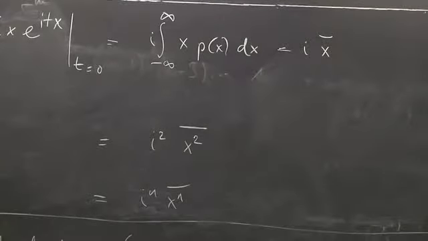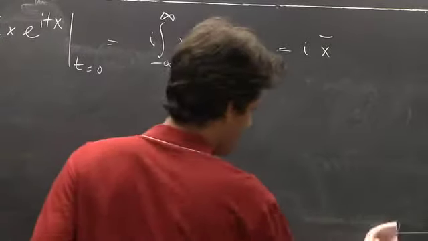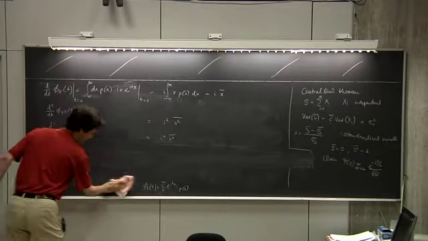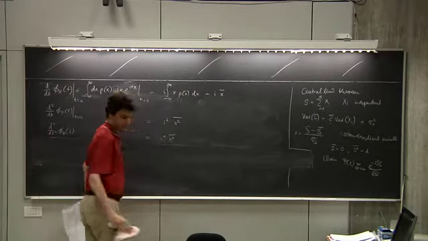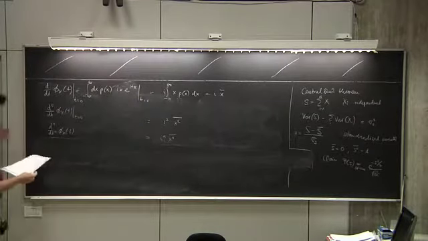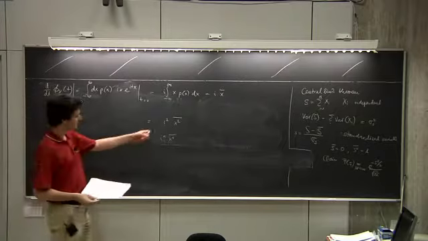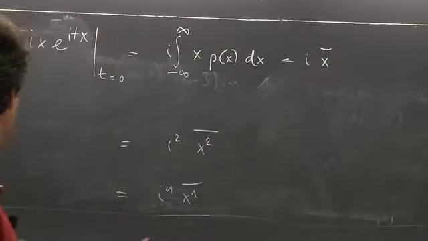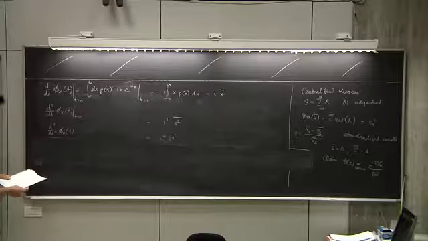And that is indeed an elegant way of doing computations in a fast way. Doesn't mean that you couldn't compute these moments in a different way, but this way often is much faster.